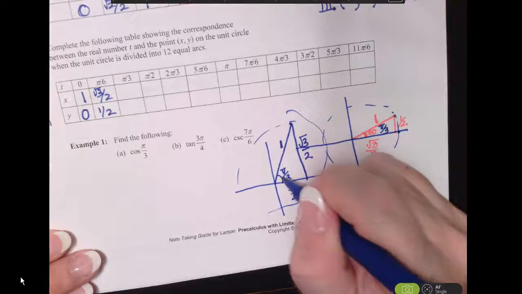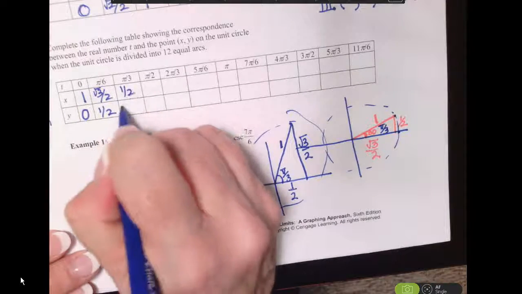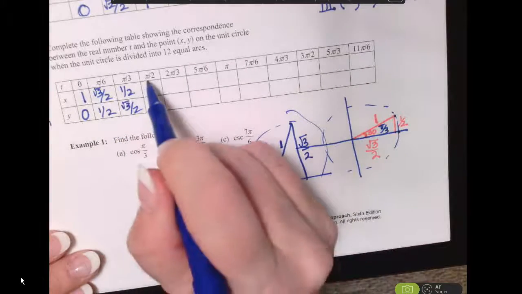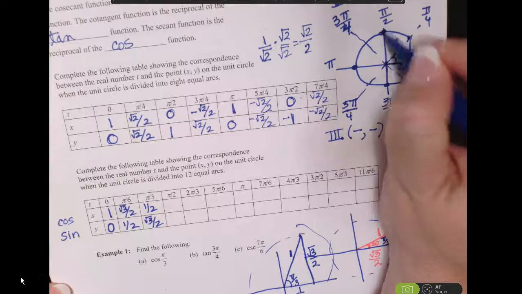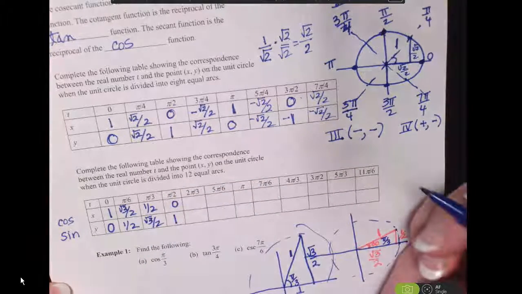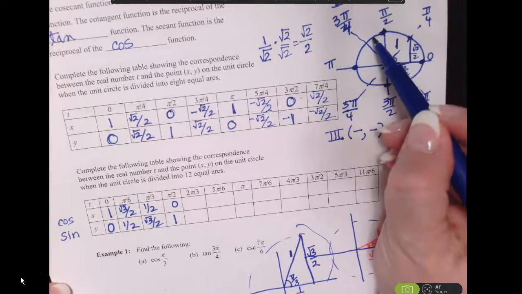But then when I get to pi over 3, that's going to switch. My x is 1/2, and then I have radical 3 over 2. And then when I get to pi over 2, I can go back and look. Pi over 2 is that 90-degree angle where we're 0 away on the x, and we're 1 away on the y. Then 2 pi over 3 is our next angle over here.